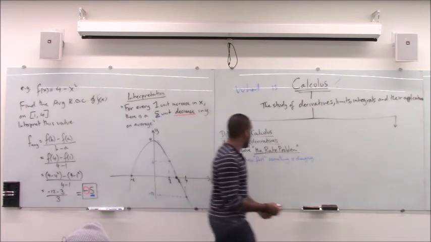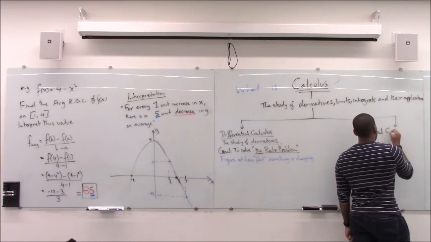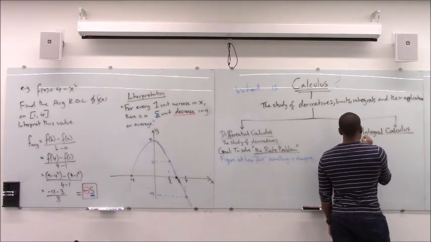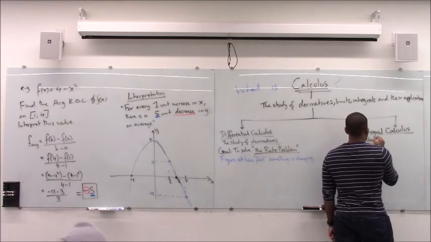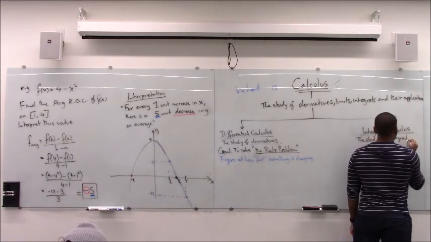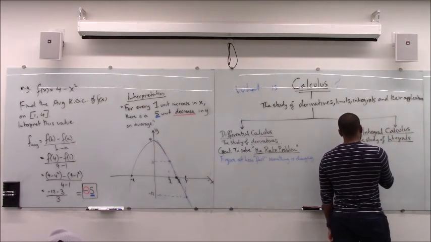The other branch of calculus is called integral calculus. Now, this is the study of integrals, right? And that's not the thing you do when you're not in doubt. It also has a very specific goal.